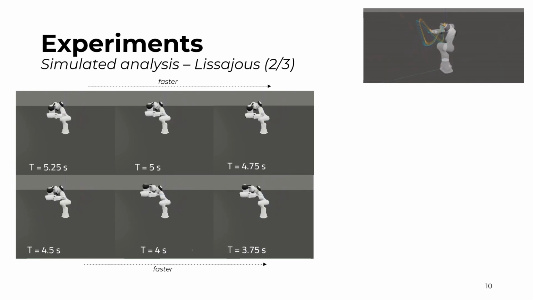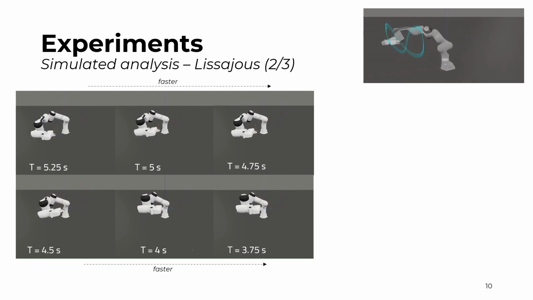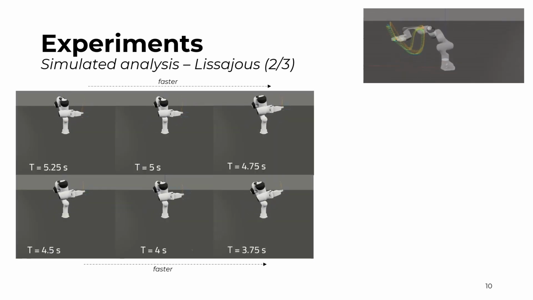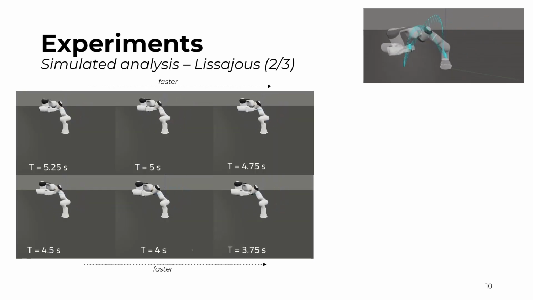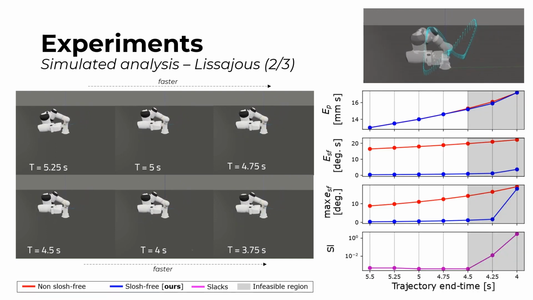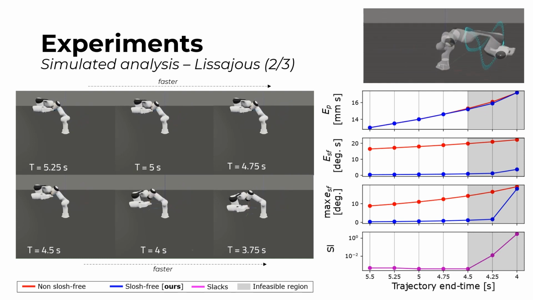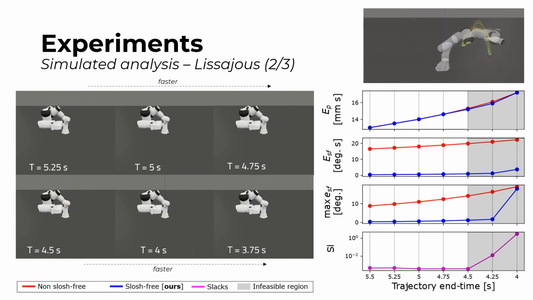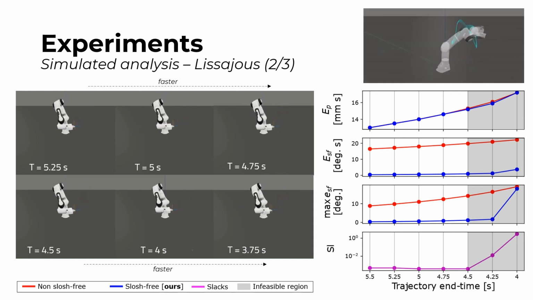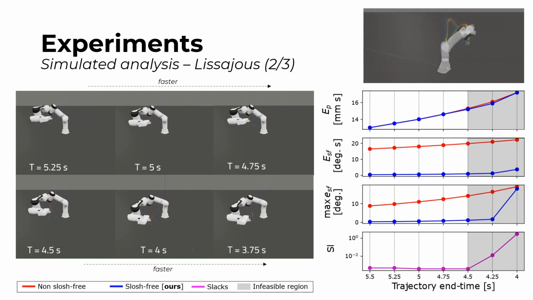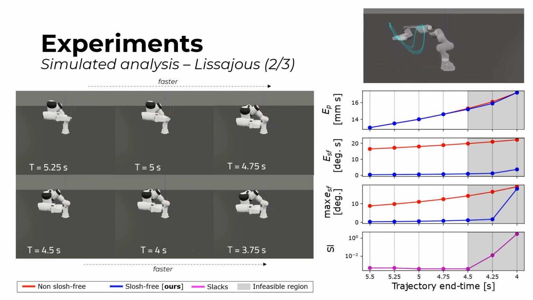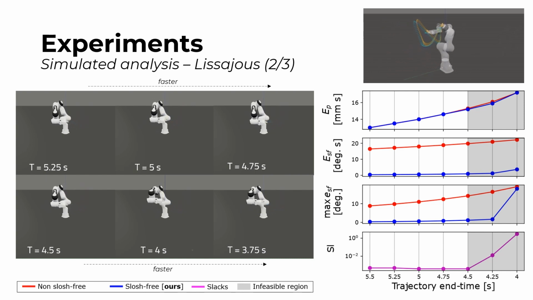The duration of the trajectory gradually decreases until reaching 3.75 seconds at the lower right part. The respective benchmarks are shown on the right side of the slide. Starting from the top row, we have the position tracking error, average and maximum slosh-free error values, and the slack variables, all plotted for different navigation times.